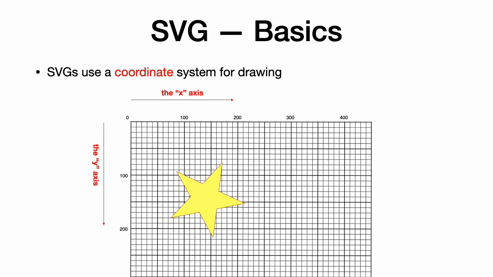For example, the rightmost tip of this star here, we can see that the tip is at about 215 on the x-axis and 152 on the y-axis. This means that we can say the tip is located at the coordinates 215, 152.